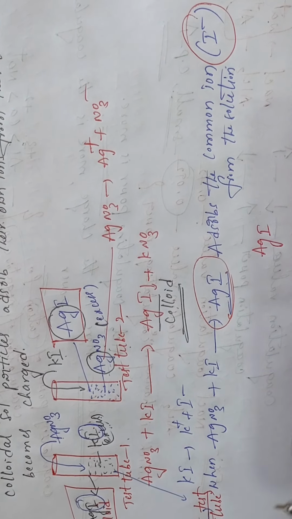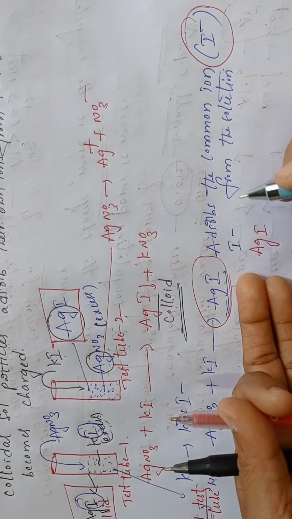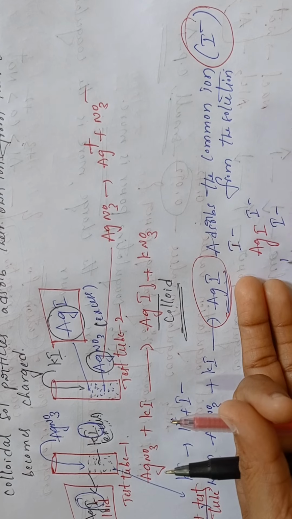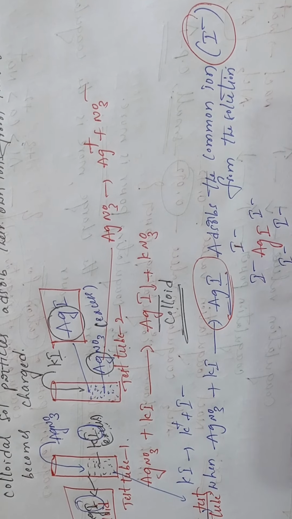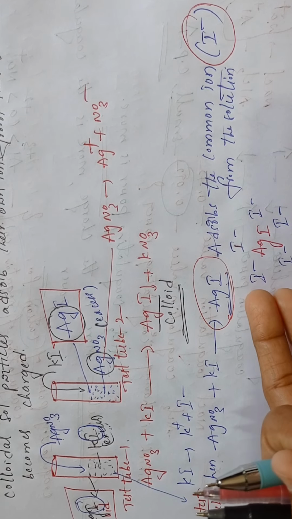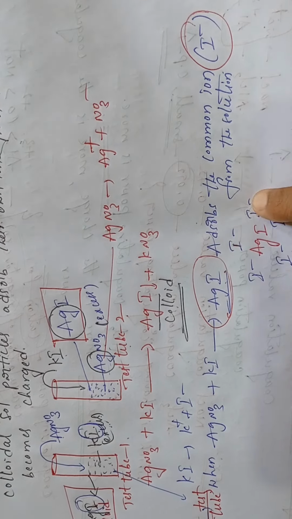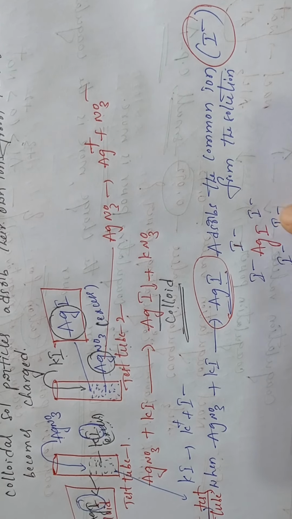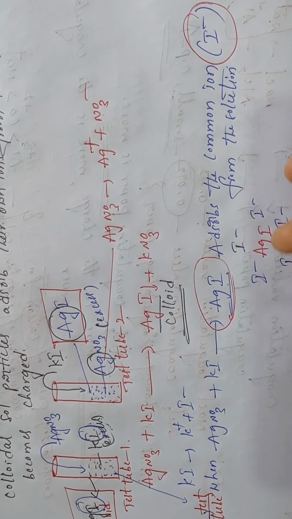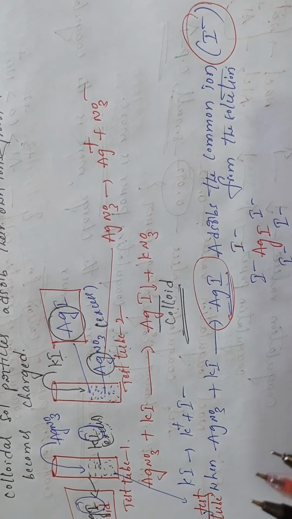Because of these I minus ions, the AgI colloid gets a negative charge, since negatively charged ions are occupied on it. So because of this I minus ion, silver iodide gets a negative charge.